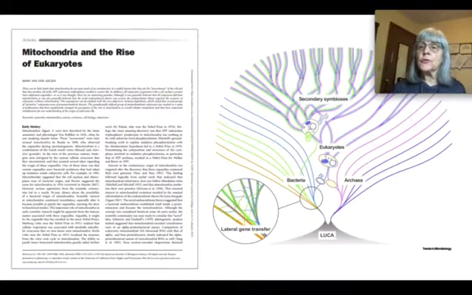A bacterial cell was acquired by a primitive eukaryotic cell, and this bacterial cell was oxygen loving, so it would use the oxygen and make energy. That was acquired by a eukaryotic cell, and it was a symbiotic relationship.